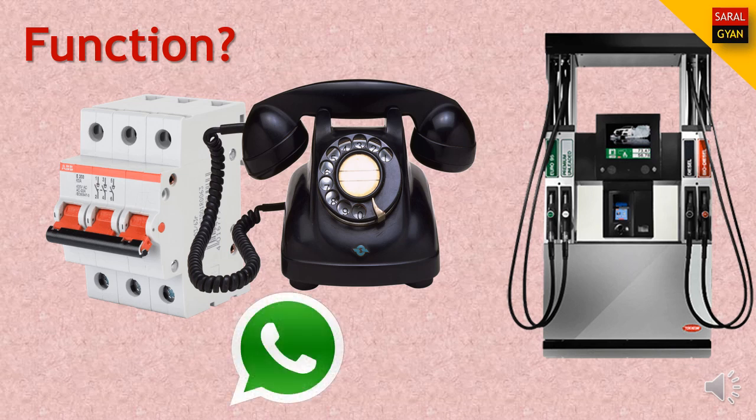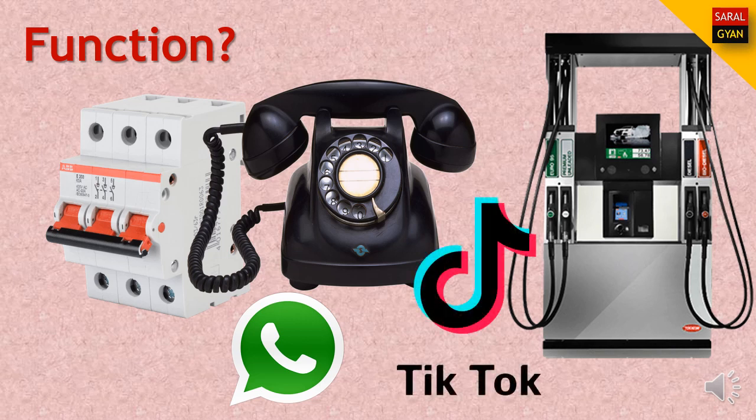So far we have seen devices which are related to hardware. Software can also work as a function. For example, this is the symbol for WhatsApp. WhatsApp is a software whose function is to establish communication on the basis of text, voice or video. And nowadays there is a very popular software whose function is to create small videos.